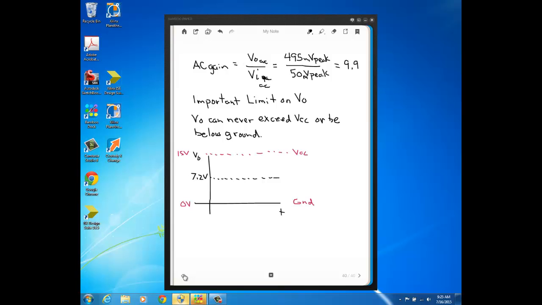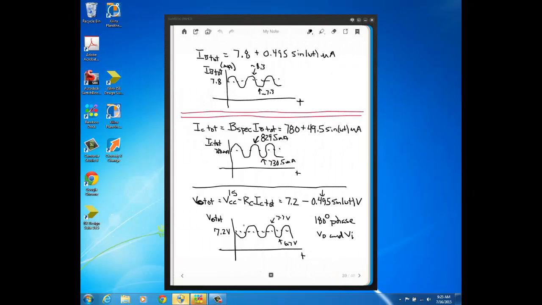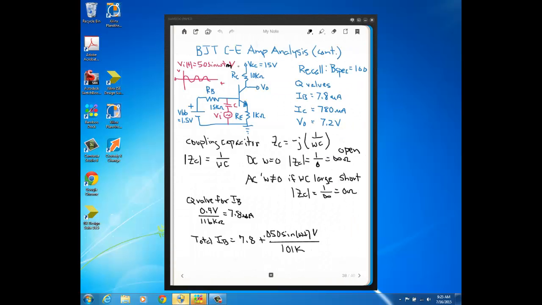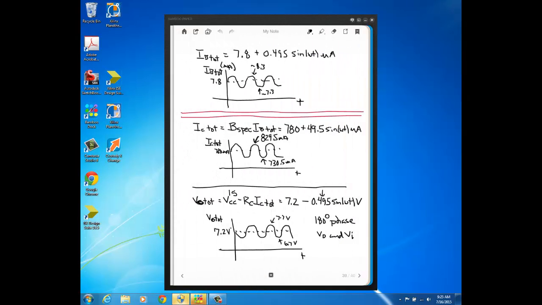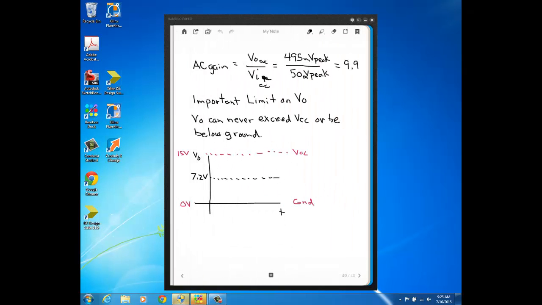Now, this AC portion at the output is centered on 7.2 instead of 0, because the input AC was centered on 0. But that's okay, because it would be very easy, if we needed to get rid of this 7.2, to pass this signal through a coupling capacitor, and the capacitor would allow the AC portion through while blocking that DC Q value, if we chose to do that.